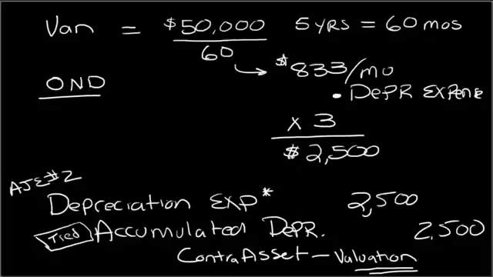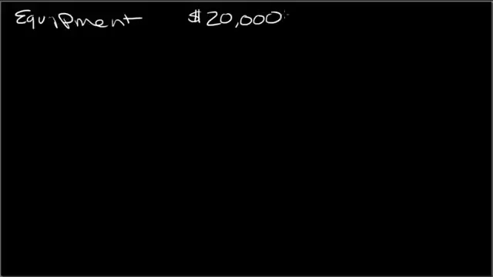So let's talk a little bit more about this with regard to the next adjustment we need to make, which was on the equipment. And again, the equipment we purchased along with the van, and we purchased the equipment for $20,000, and it had a 3-year life, which is equivalent to 36 months.